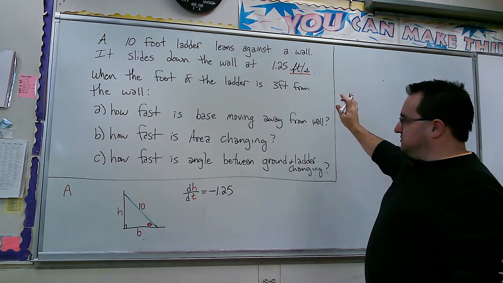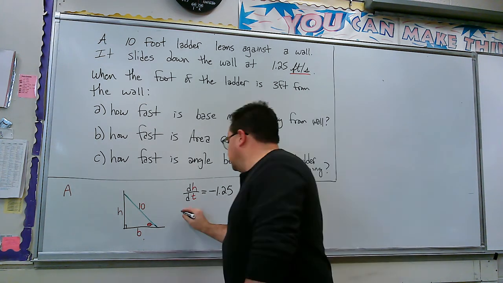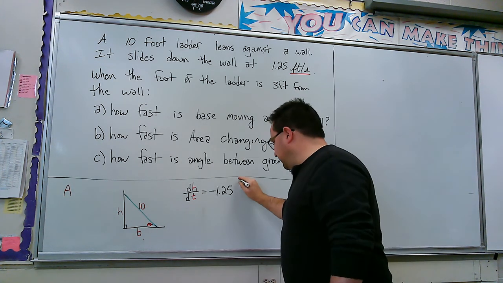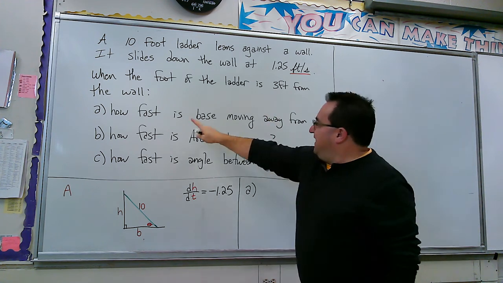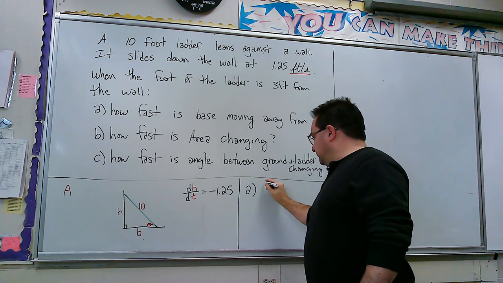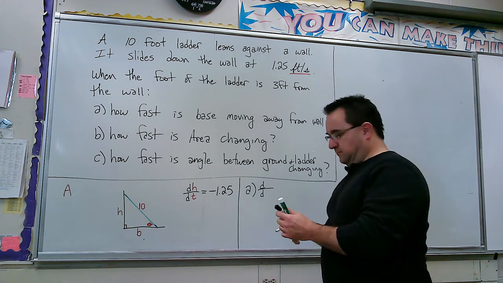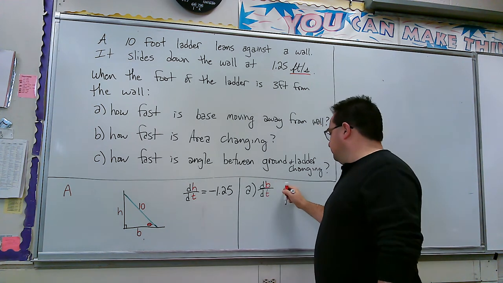What are the questions? Well, for part A, let's see, I better put it here. These are my givens. Answers will be how fast, that's a derivative, is the base moving? So that would be how fast the base is moving over time.